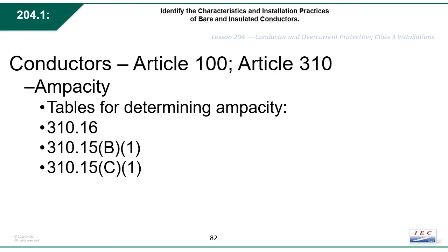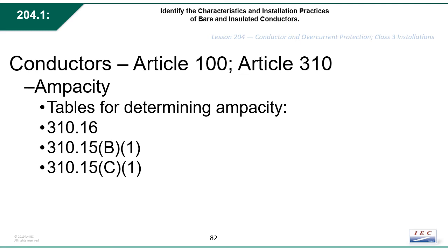Now, the tables you need to use for determining ampacity are these tables here. 310.16 is for conductor ampacity. 310.15(B)(1), temperature changes. If we're installed in a lesser or greater temperature than the rating found in 310.16.